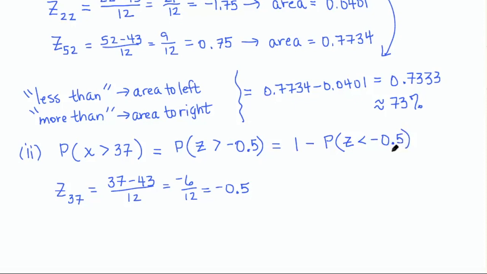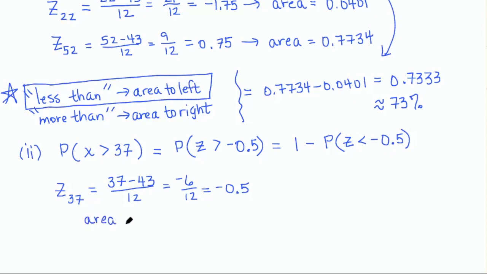In other words, find the probability from the table, which is the information you get on the standard normal table. When I look up negative 0.5, I get an area of 0.3085. So I now need to finish by doing 1 minus that number, giving me a final answer of 0.6915, or approximately a 69% chance.